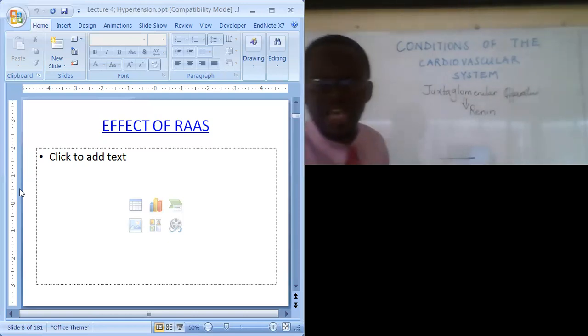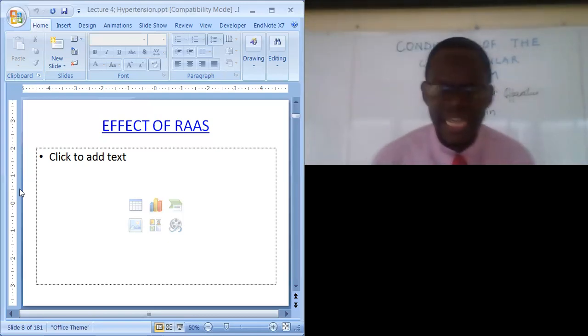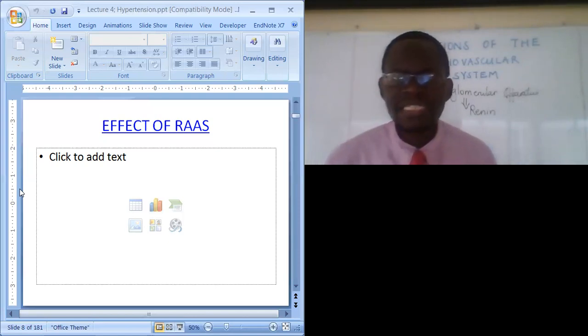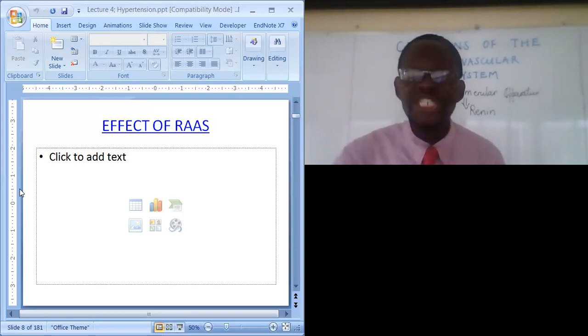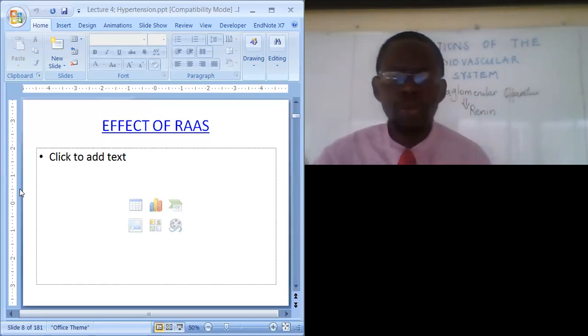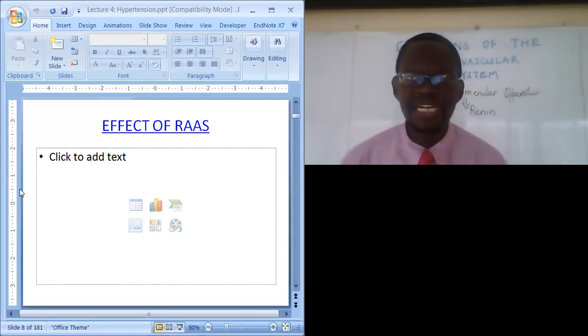They secrete renin, which is a hormone. When renin is secreted, it causes the conversion of angiotensinogen to angiotensin 1. This angiotensinogen is basically in the liver.